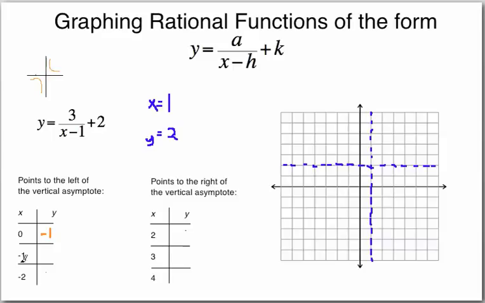Then we plug in our other points, the -1 and the -2. You can do the math on your own, but we end up with 1/2 here, and we end up with 1 right here. Once you've done this, you go over to your graph and plot them. First we've got the point (0, -1): x is 0, y is -1, and that's this point right there.